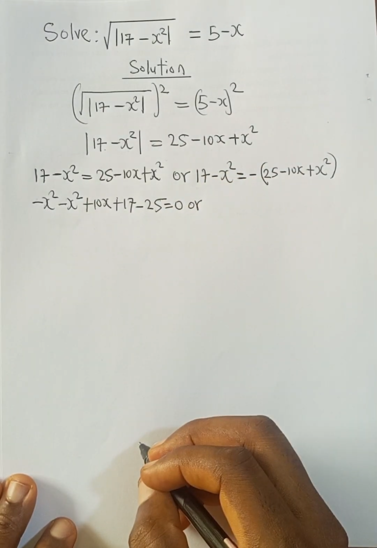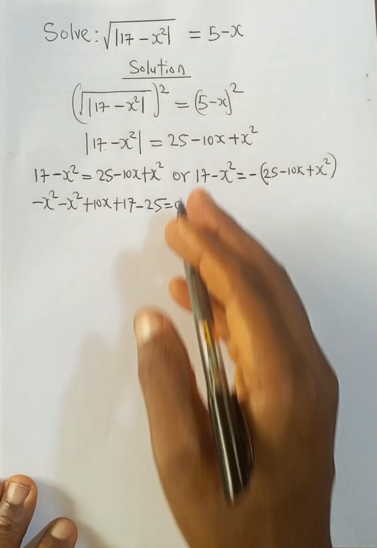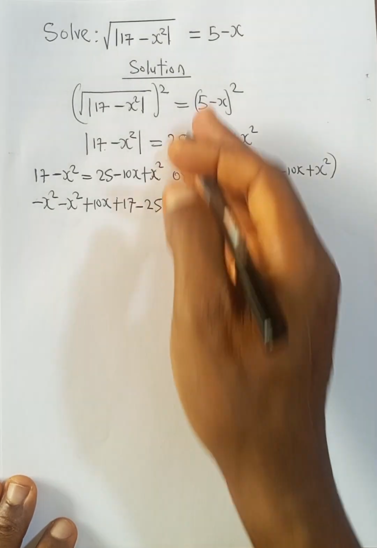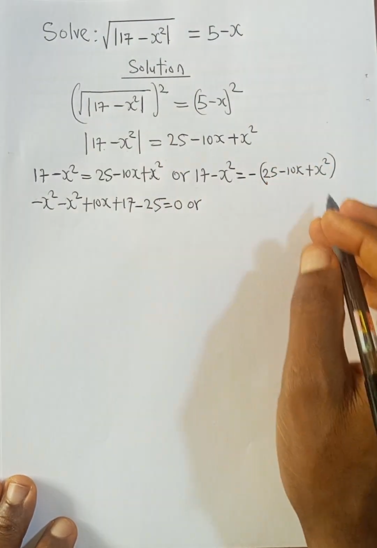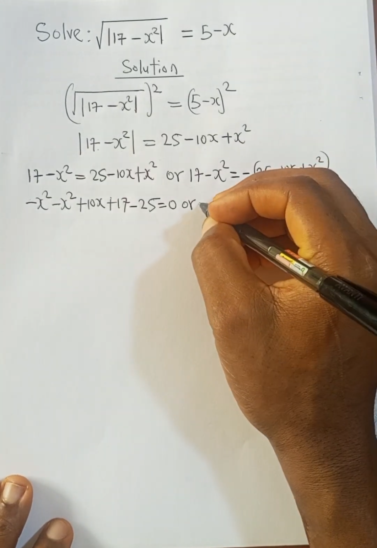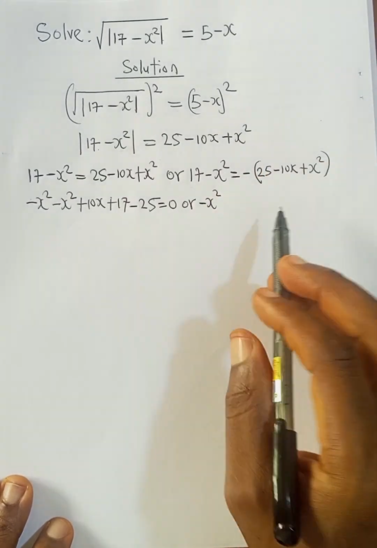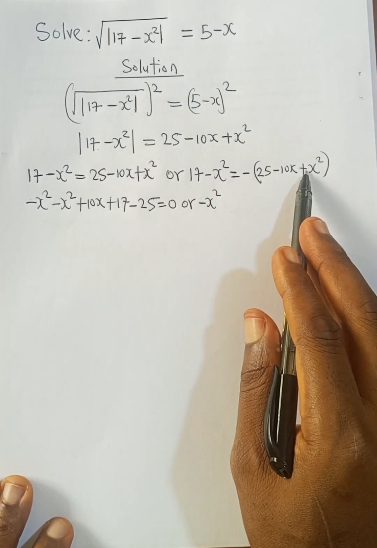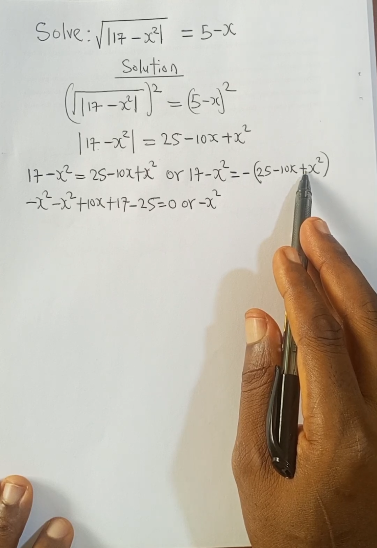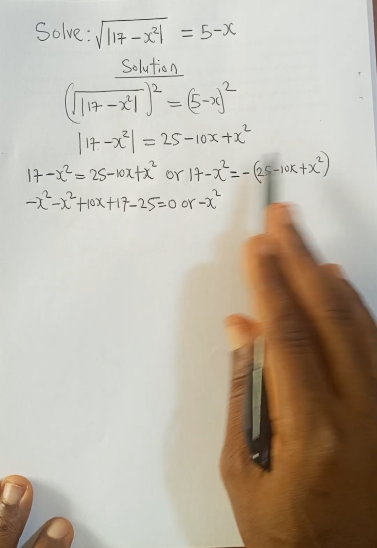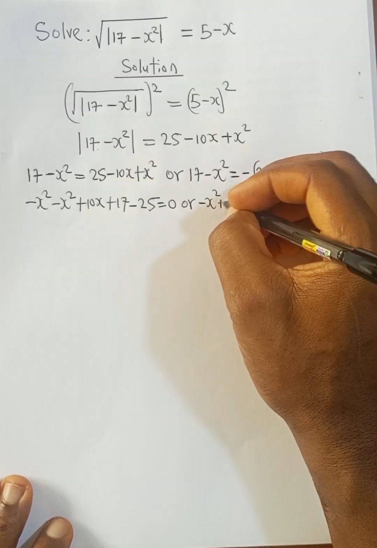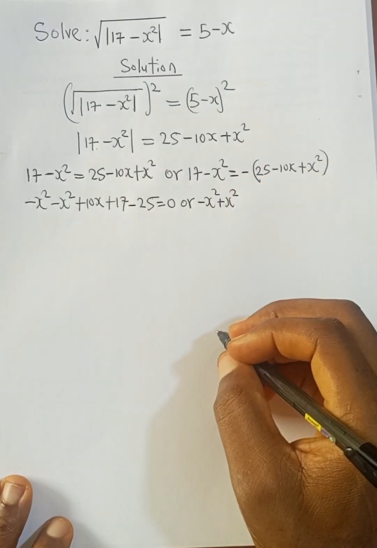Or, this my "or" is not on a single line again. So we do the same thing here. We have minus x squared. Now remember that when this minus times this plus x squared, you have minus x squared. Minus x squared coming to this side will give you plus x squared.